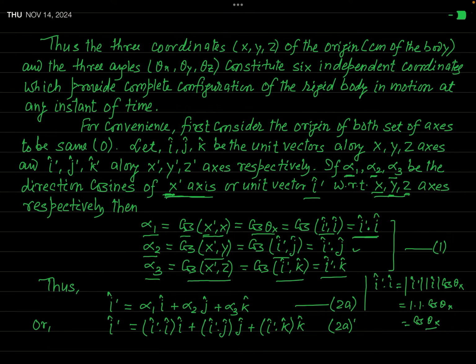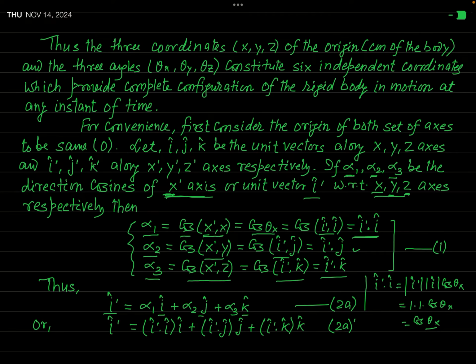Now, if you know the direction cosines of a unit vector, then that unit vector can be expressed in terms of these direction cosines. So for the unit vector I dashed, alpha 1, alpha 2, alpha 3 are the direction cosines of unit vector I dashed, and so I dashed can be written as alpha 1 i plus alpha 2 j plus alpha 3 k.